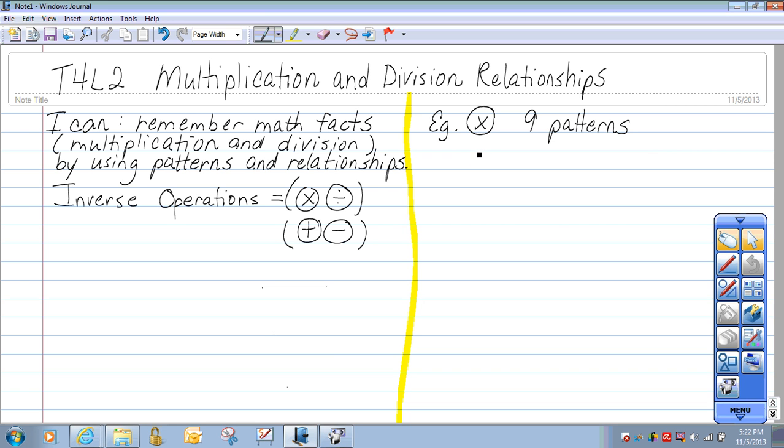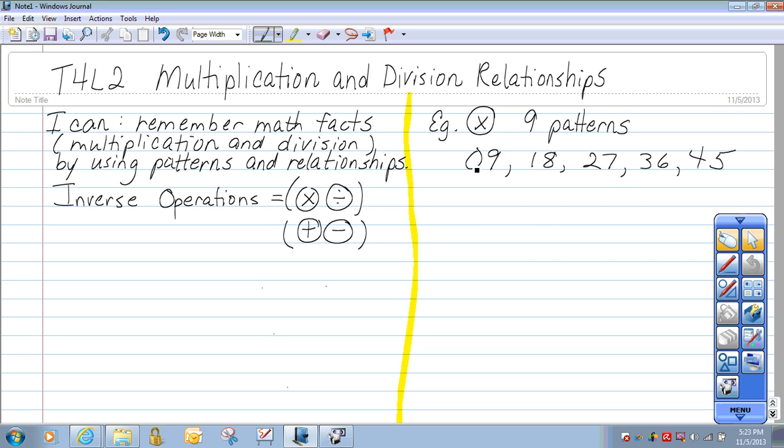So for example, if you put 0, 1, 2, 3, and 4, and then you came back and started with your highest digit in the decimal system, 9, and went backwards, 8, 7, 6, 5, you would have the first 5 multiples of 9, because there's a pattern that follows in the 9 math facts. It's always one less each time.